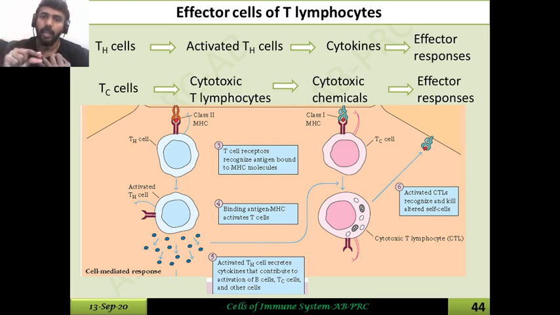T helper cell carry CD4, whereas T cytotoxic cell carry CD8. Right. Then T cell receptor cannot recognize free antigen, but instead they require antigens to be presented on self molecule. And these important self molecules are called MHC molecules.